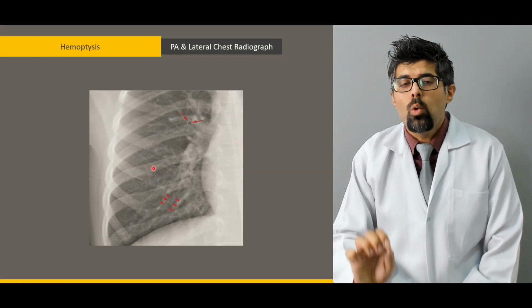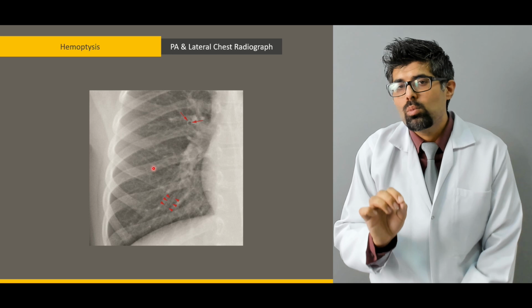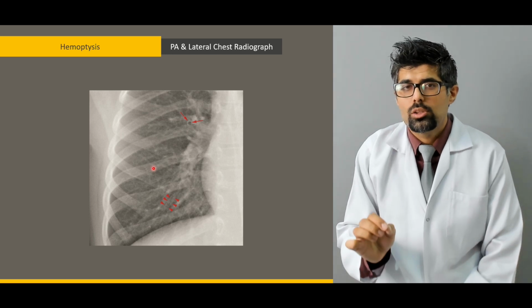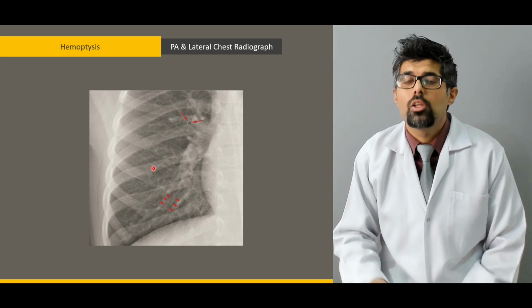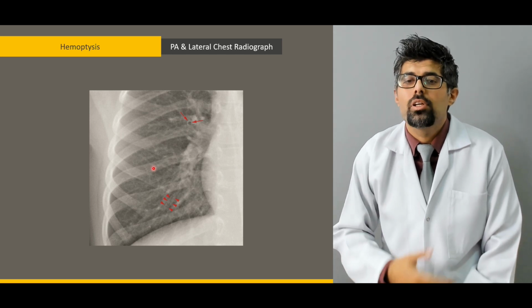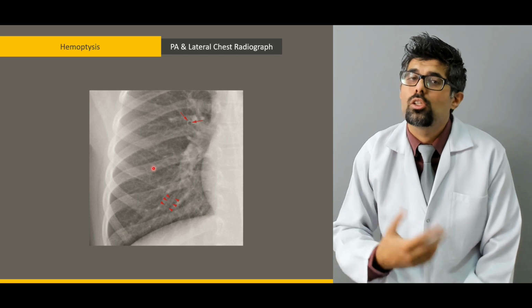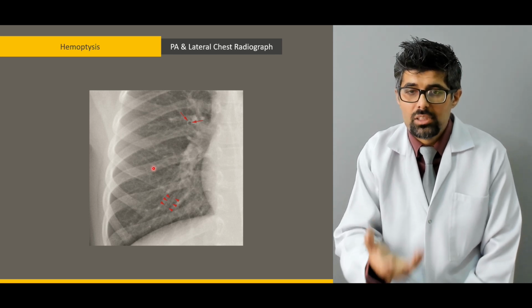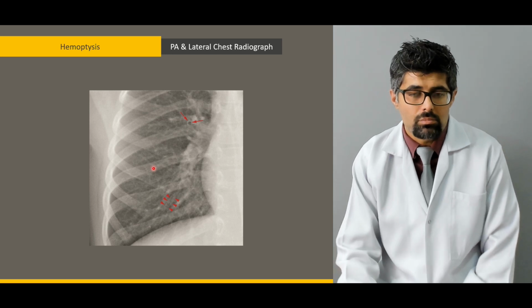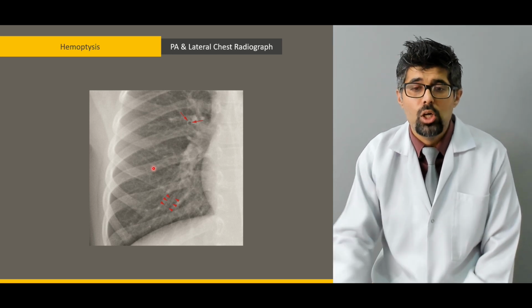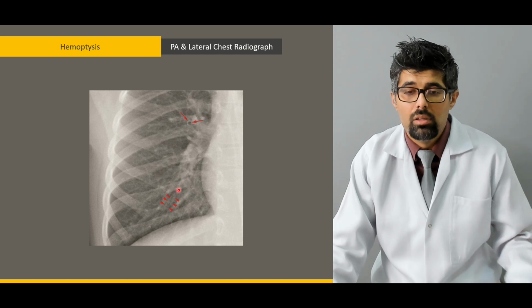Now, like I said, one of the most common causes of hemoptysis is infection, and the most common infection with hemoptysis is pneumonia. And this is a very typical picture of a viral pneumonia. This is what is also called looking inside a barrel.